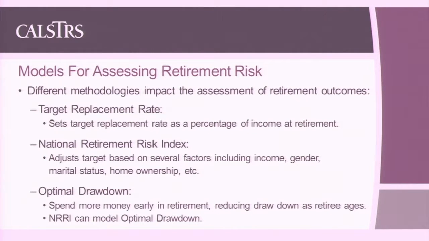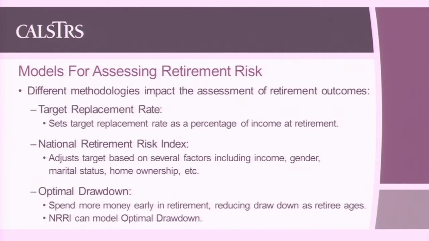The National Retirement Risk Index is an index that's produced by the Center for Retirement Research, CRR. And that's a variable index. It's also a target replacement rate. But the index varies based on variables that we know affect people's preparedness.